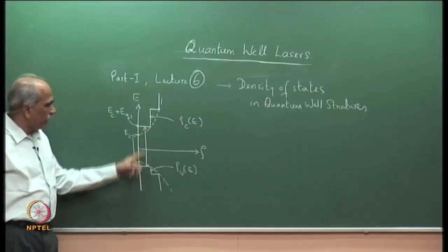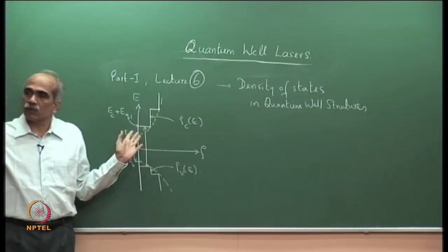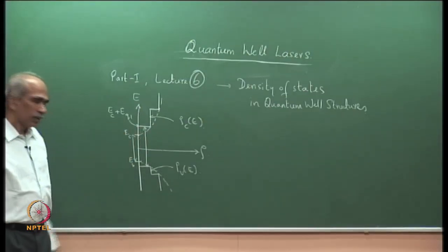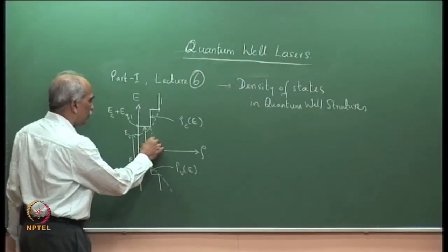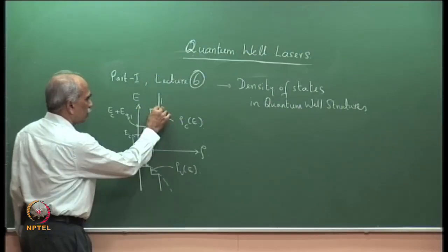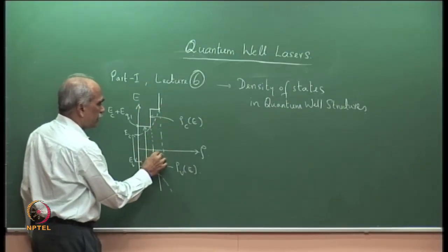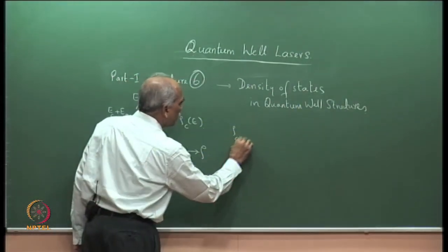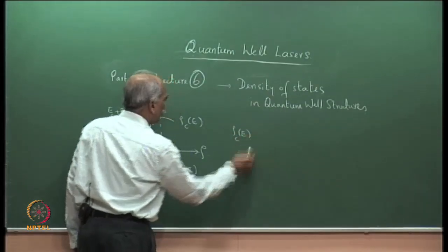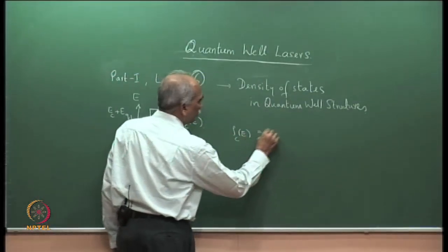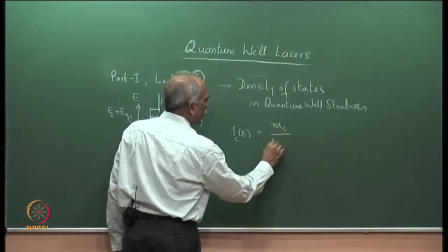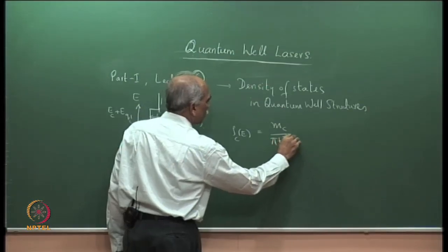So, the effective band gap was different in the case of a quantum well structure, and we have seen this value here, the density of states. Here the value of rho c of E for the first subband was equal to mc divided by pi h cross square into Lz.